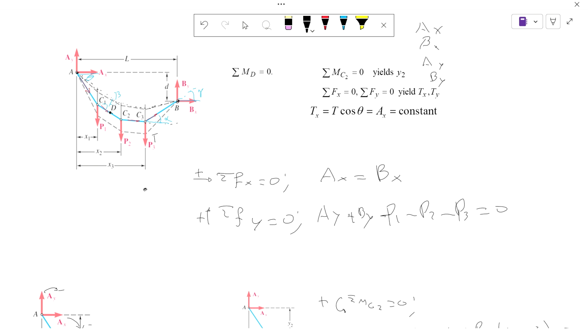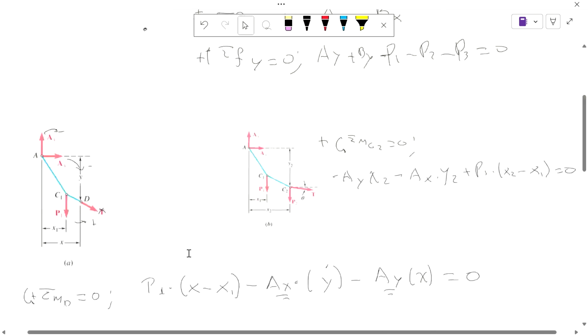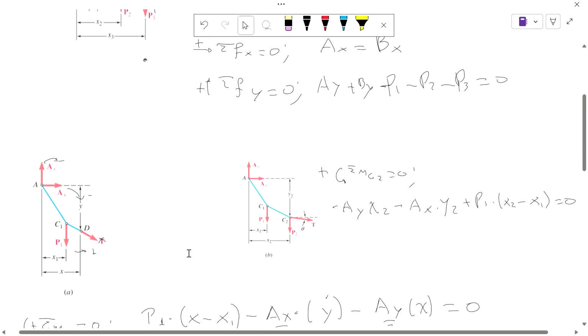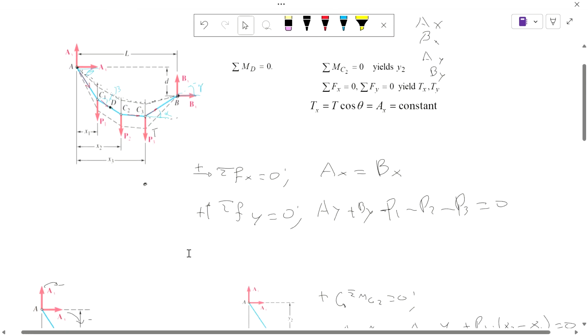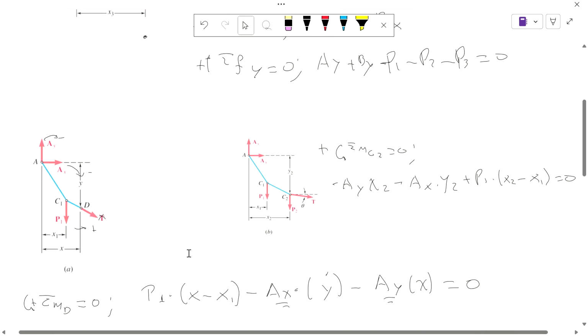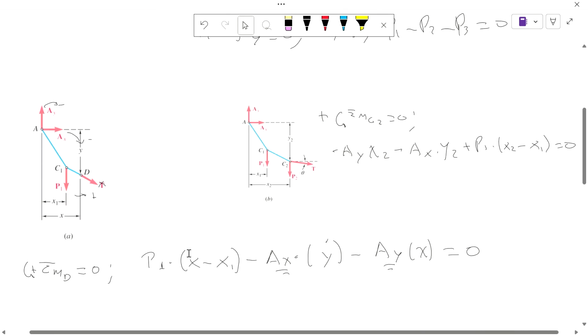So we need to set up an equation where we can solve for one of those.